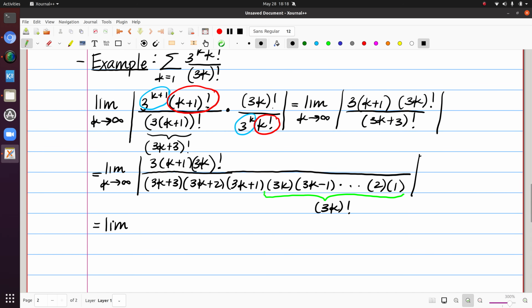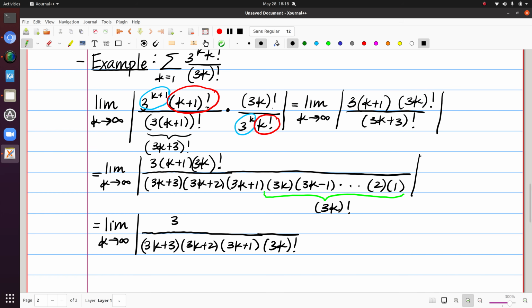What this really means is that I can interpret the denominator as 3k plus 3 times 3k plus 2 times 3k plus 1 times 3k factorial.